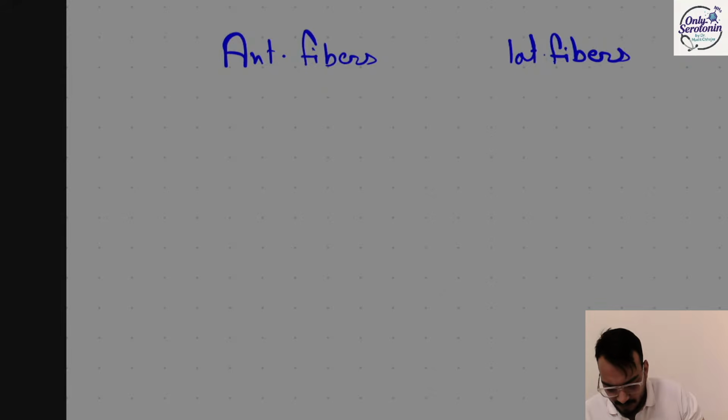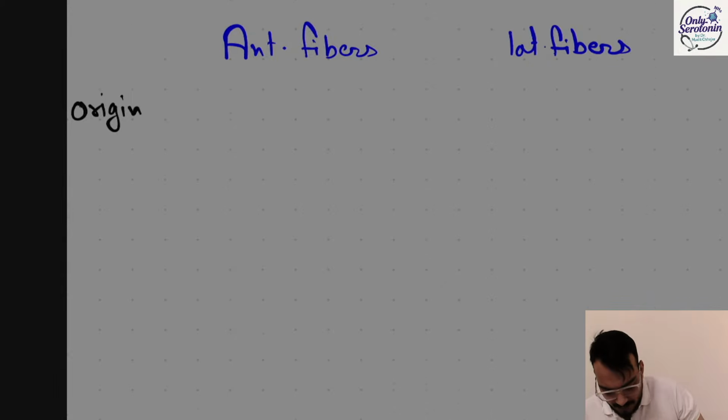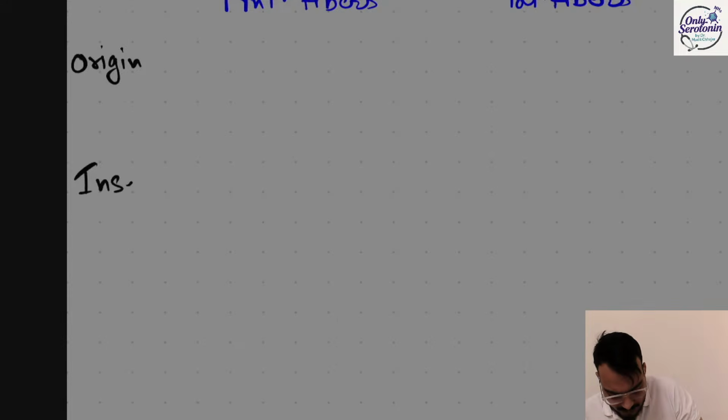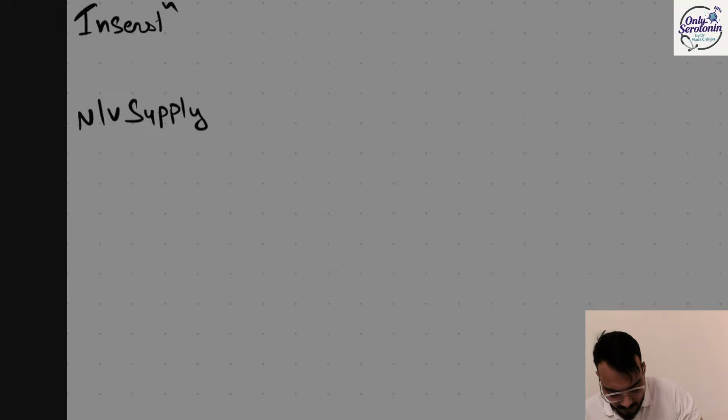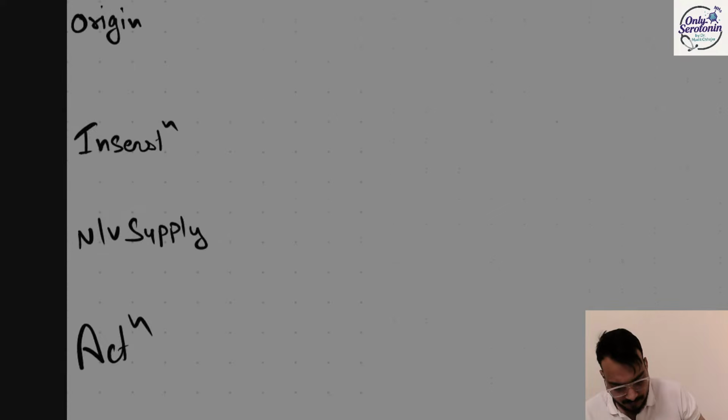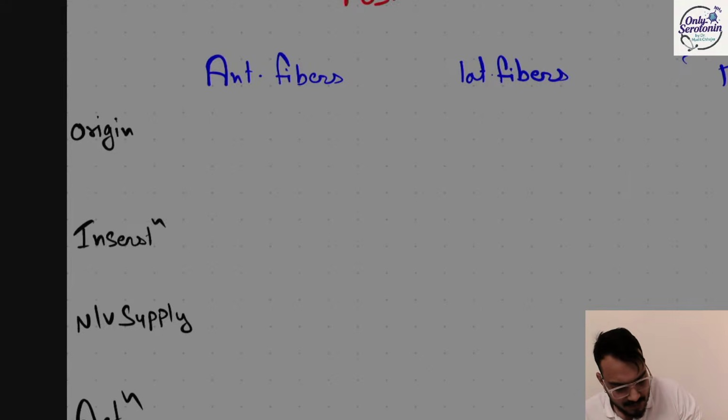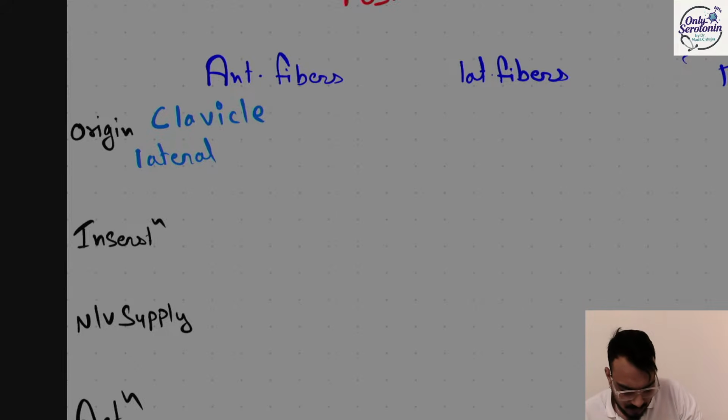First of all we are going to write the origin, then the insertion, then the nerve supply, and at last the action. Origin of anterior fibers is the clavicle, specifically the lateral 1/3 of clavicle.